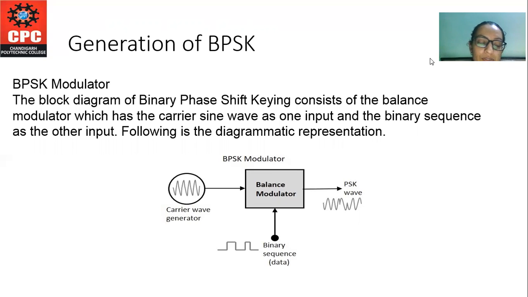As the input digital signal changes state, that is 0 to 1 and 1 to 0, the phase of the output carrier shifts between two angles that are separated by 180 degrees. Hence, other names of BPSK are phase reversal keying and biphase modulation.